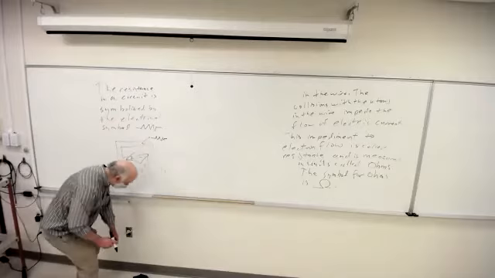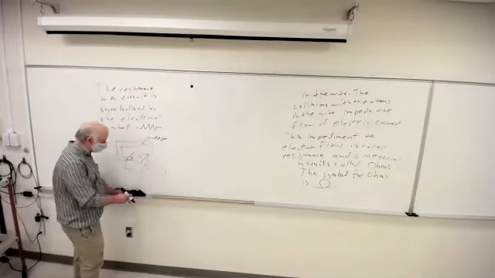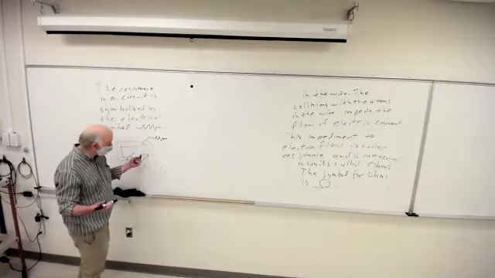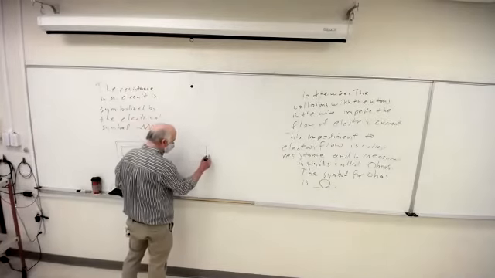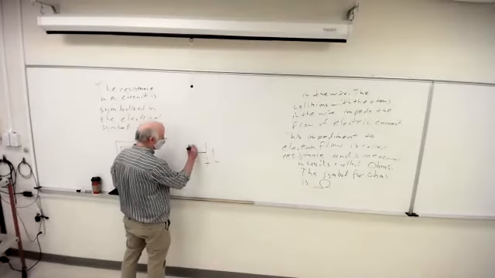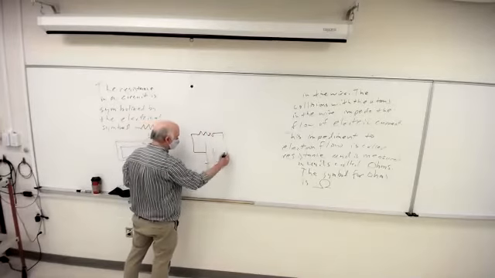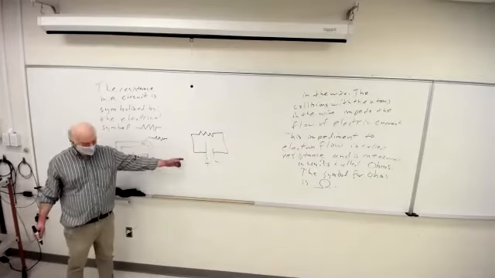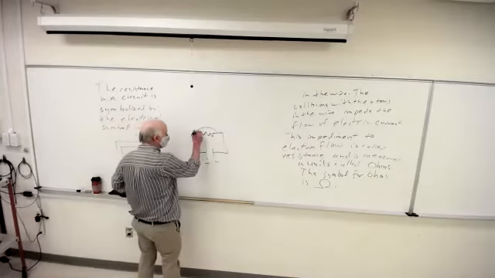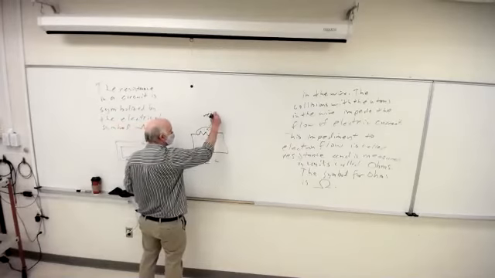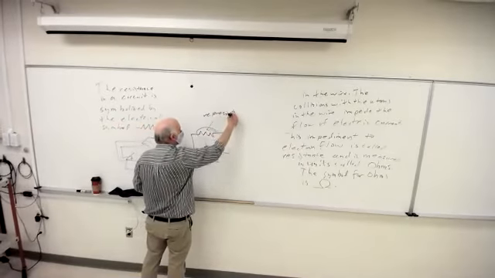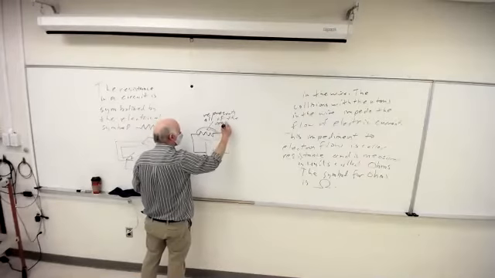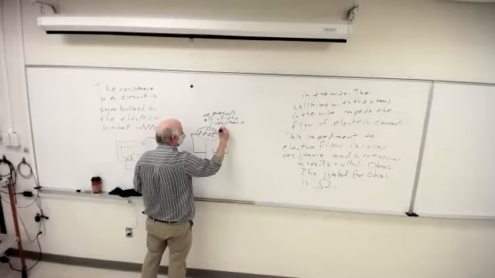Then I can have wires connecting here like this, but all those wires really have nothing. They're just connecting. They don't have any resistance. This is plus, this is minus. This circuit here is going to be represented by this. Here's a battery. This represents all of the resistance in the wire.